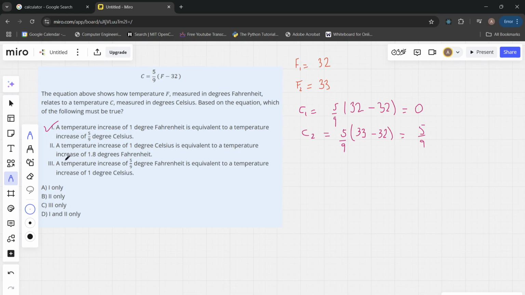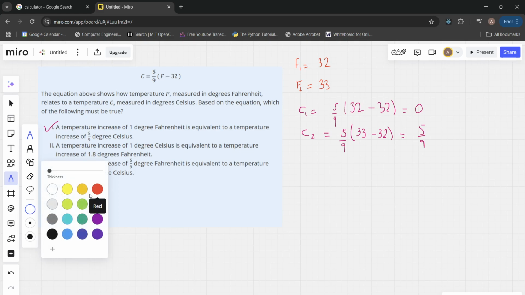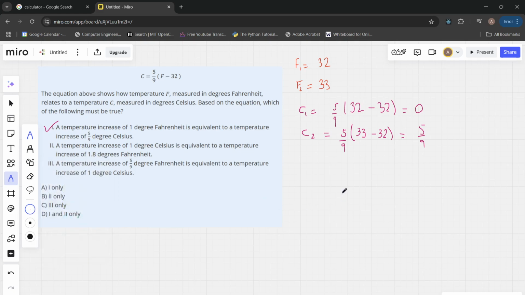Let's go over the second statement. It says a temperature increase of 1 degree Celsius is equivalent to a temperature increase of 1.8 degrees Fahrenheit. So at this time we're doing things the opposite way. We're going to plug in two values for C which have a change of 1, and see what the values for F are going to be.